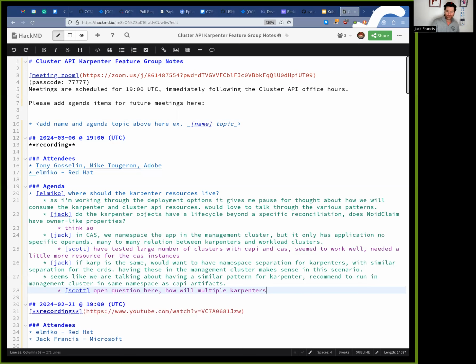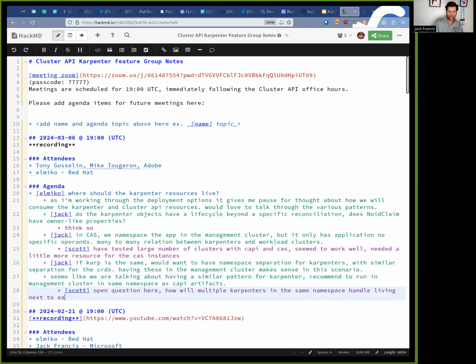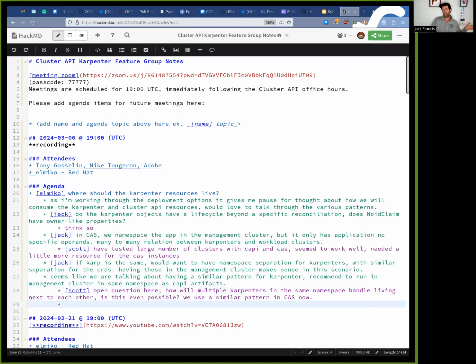Yeah, I agree with Scott that I think we can solve for that, although that's kind of a gnarly operational nightmare. But I agree that I've seen a lot of folks wanting to do that. But in terms of what we're going to ship, in terms of having both options, we could just MVP the prototype to only support Karpenter running on the management cluster.